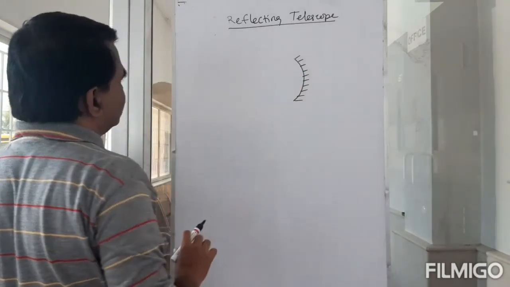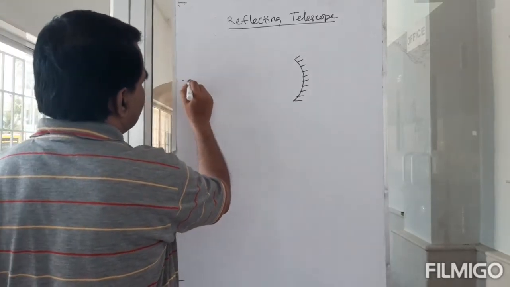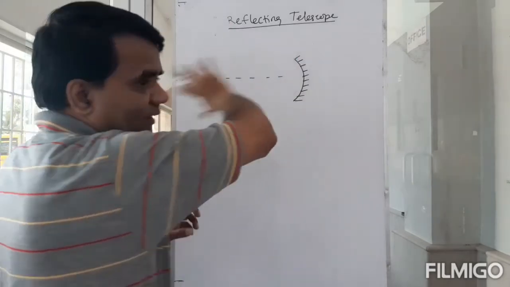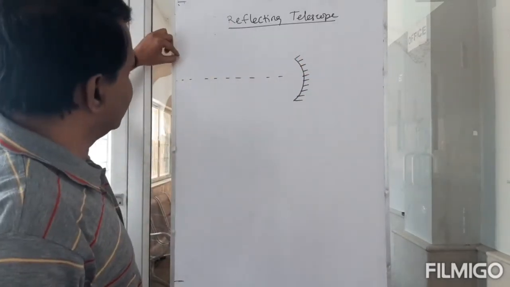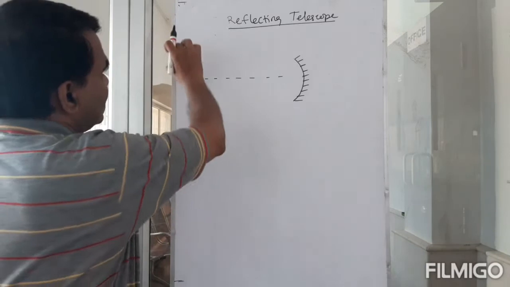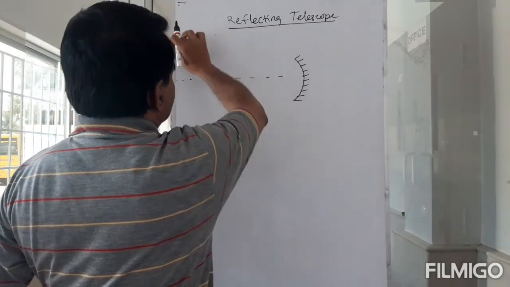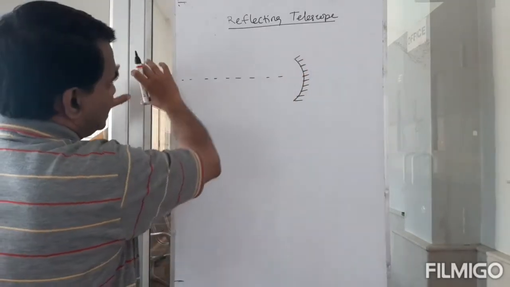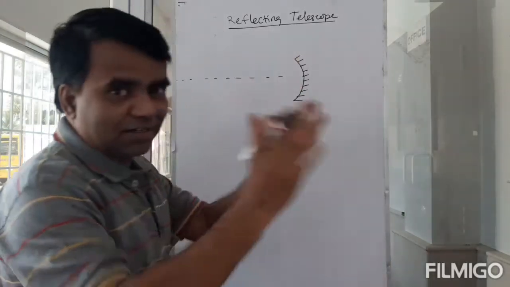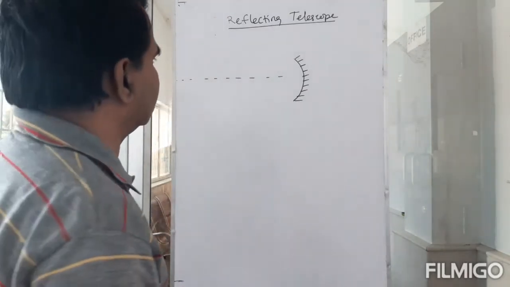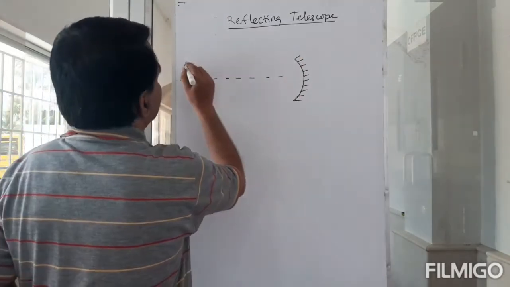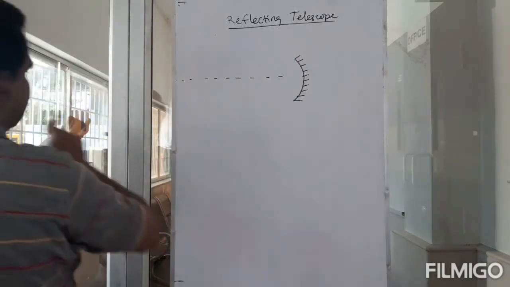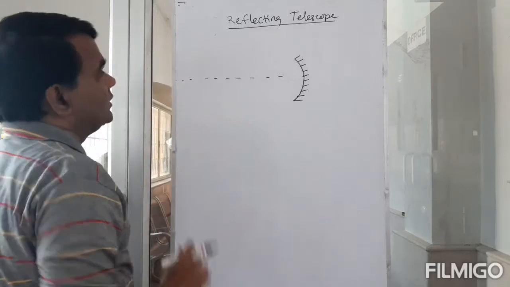Let's say you take an object along this axis, just far away, then it will be sending parallel rays. Or if you take another point source here, then that will be sending parallel rays like that. So parallel rays will be coming from a far off distance. But let me just take a point object along the axis at a far off distance.